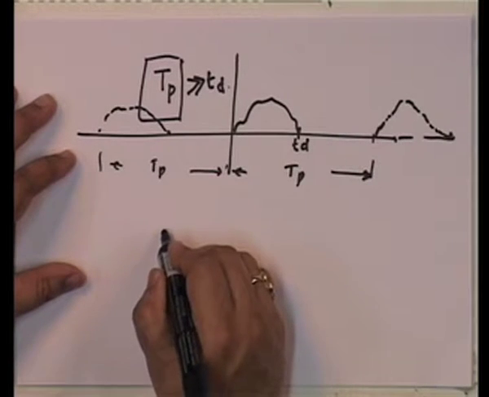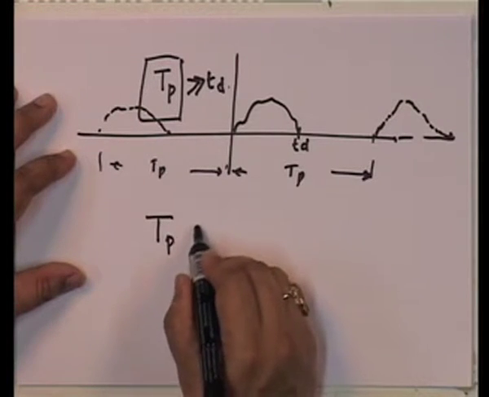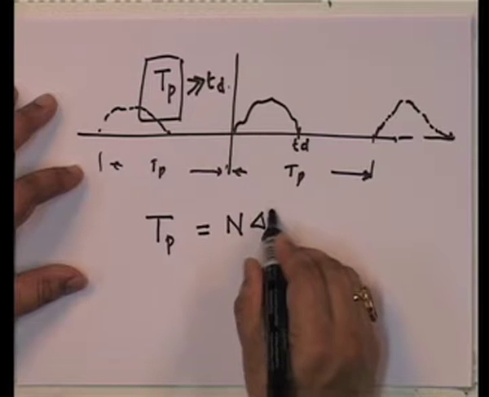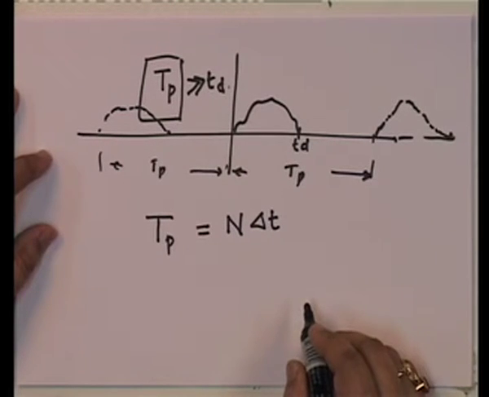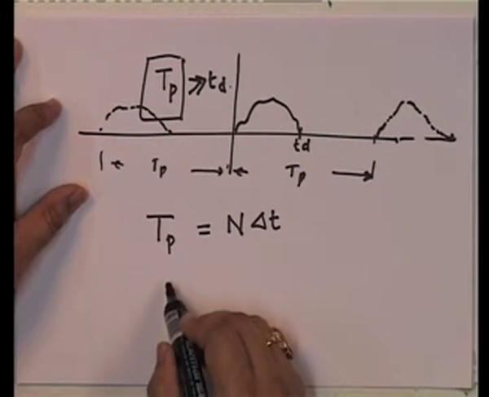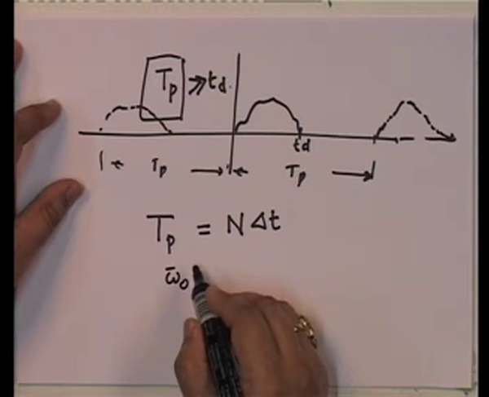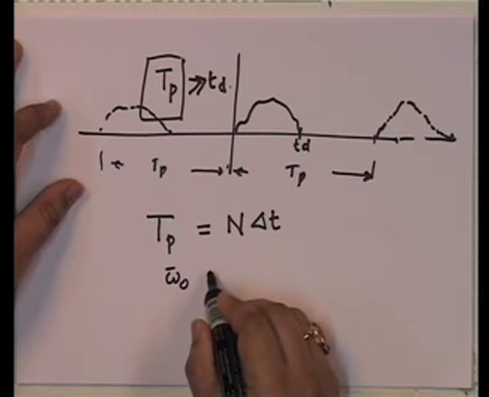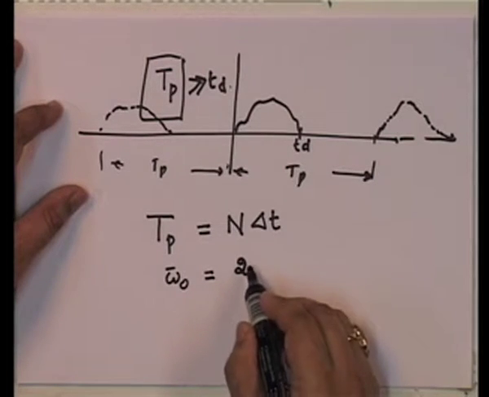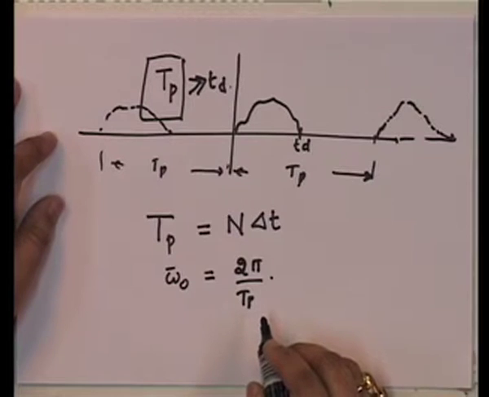If we assume that, then if I am digitizing, I will define T p as n delta t. In other words, this duration is put into n. There is another thing: delta omega 0, the lowest frequency that I can represent, is going to be equal to 2 pi over T p.